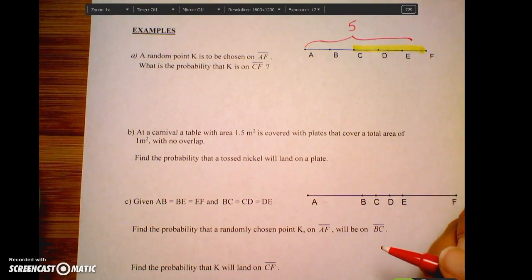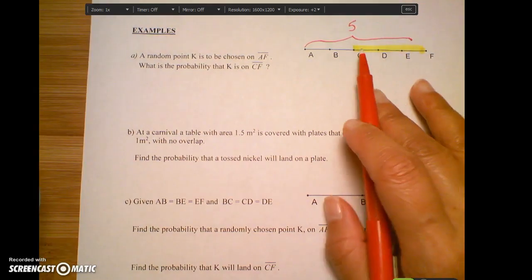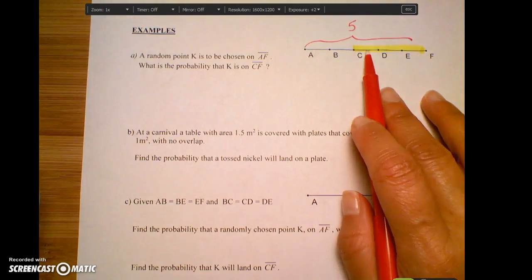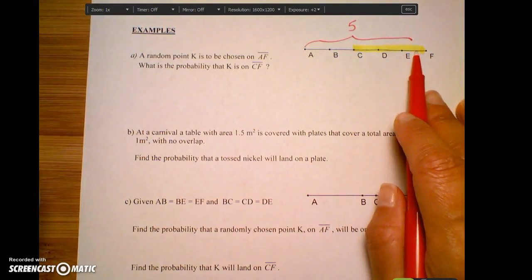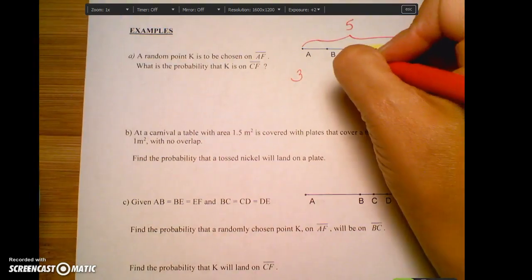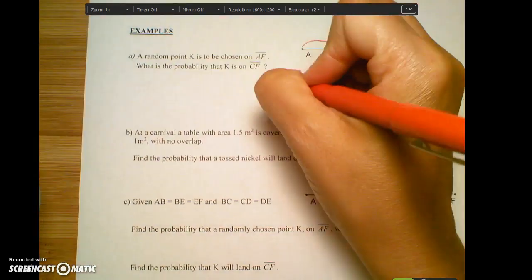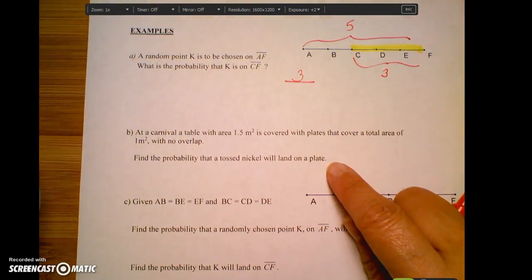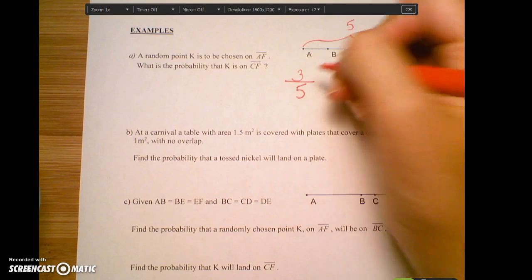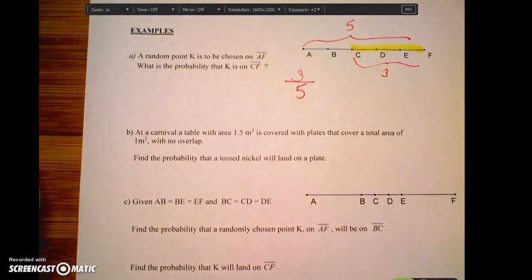So, as far as our desired location is anywhere from C to F, that's 1, 2, 3 units is our possibility out of 5. So the probability that K lands on segment CF is 3 out of 5.